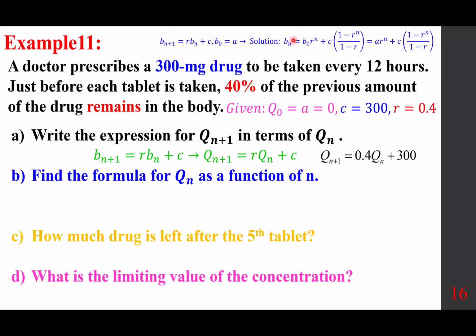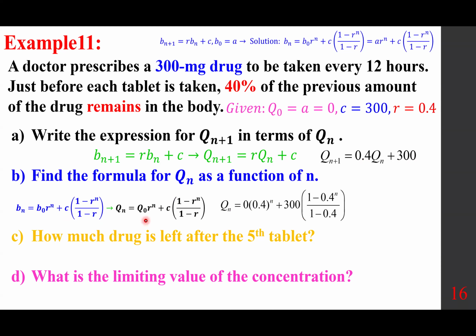To find Q sub n, we're going to write this formula and change the B to Q. Go back to the given, replace it. 0 times any number is 0 in this case, so we are going to say this is 0. This is obviously 0.6.